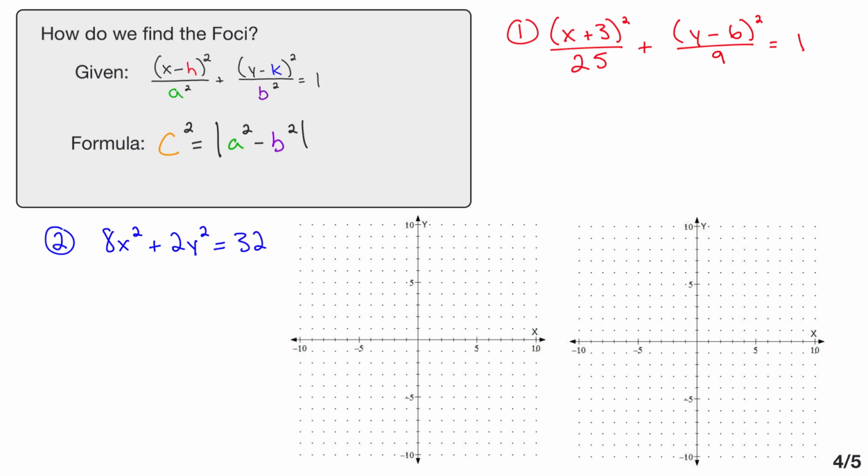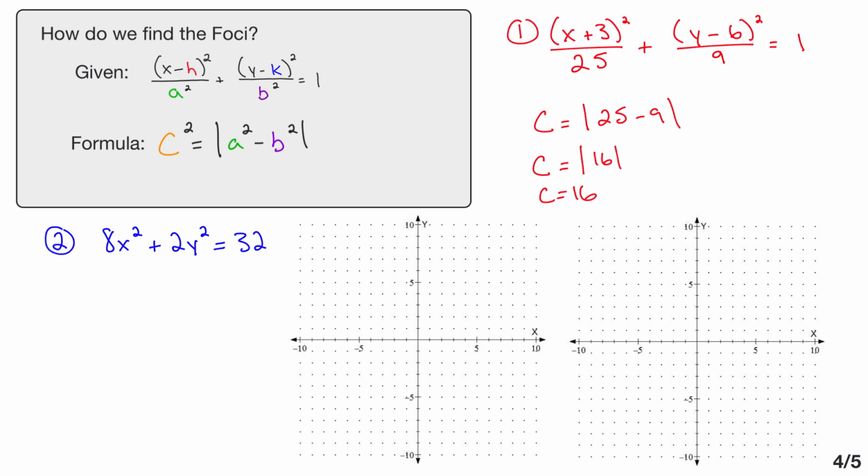Problem number 1, the C value, the focal length, is equal to the absolute value of 25 minus 9, absolute value. Now, I don't need the absolute values in this case because the first number is bigger. Now, if I swapped these two and said 9 minus 25, then I would need the absolute values. But ultimately, C squared is going to be equal to the absolute value of 16, which means C squared is equal to 16.